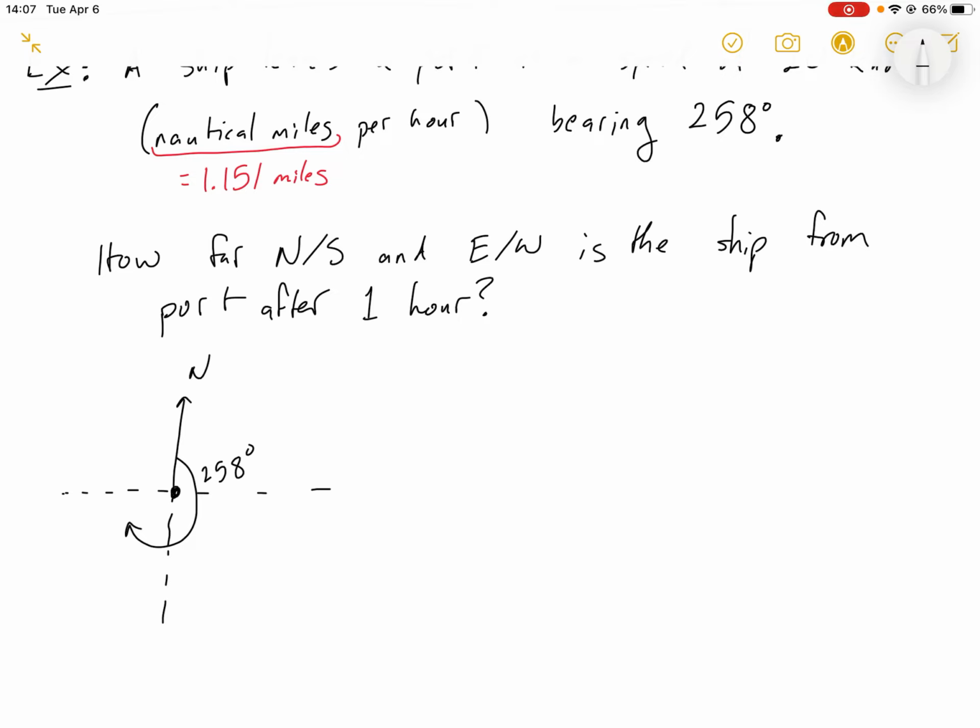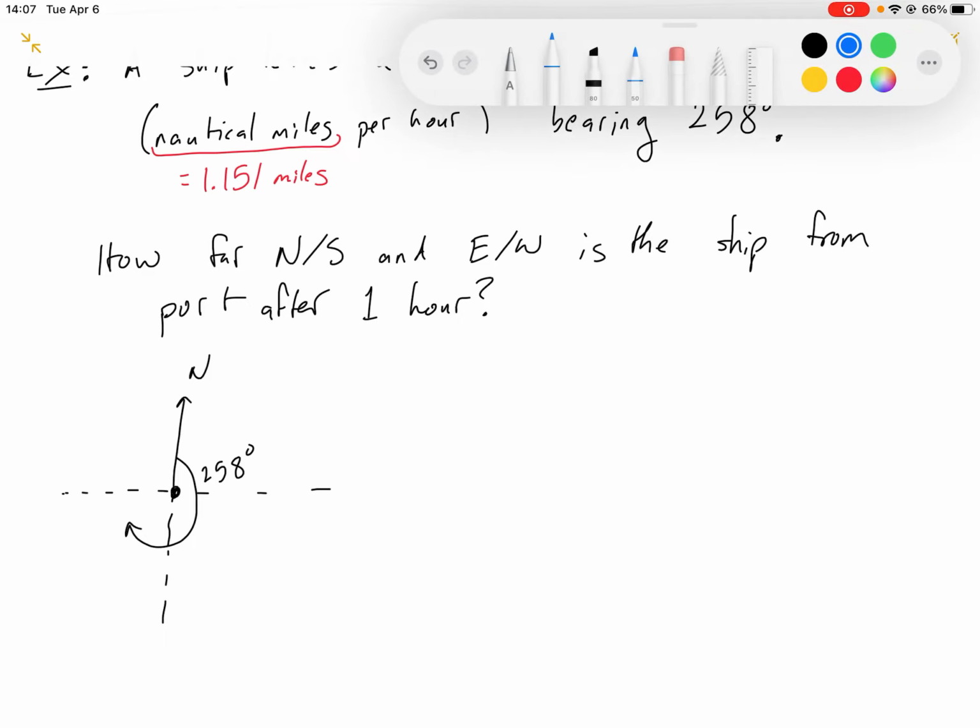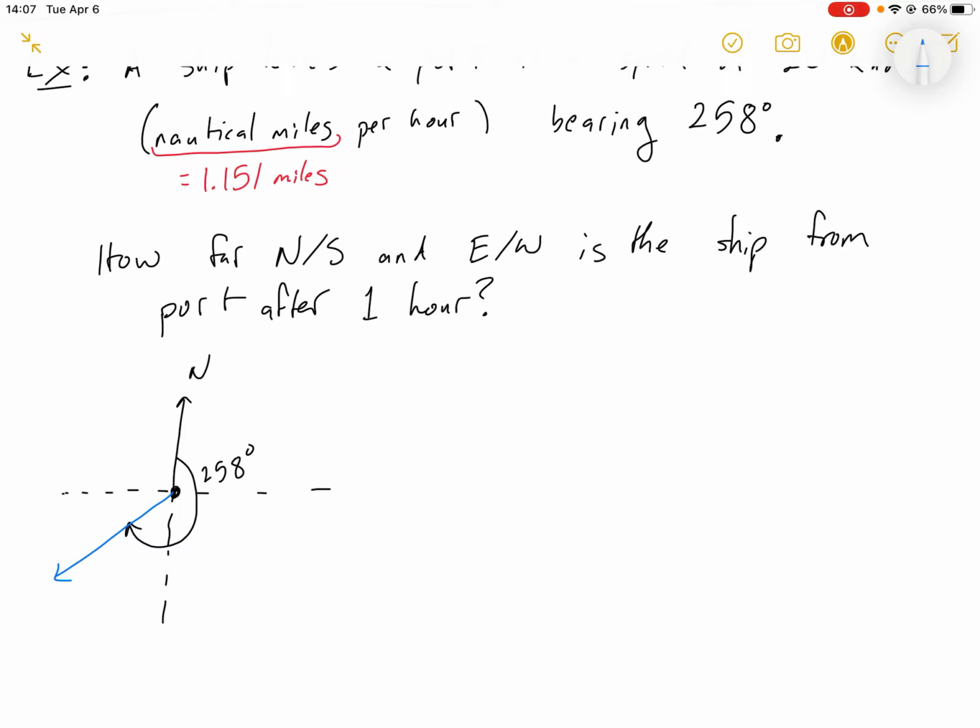So we're heading sort of in a southwestern direction, and after 1 hour, the ship is actually 20 nautical miles away. So here's the diagram. It's gone 20 nautical miles in a straight line, bearing 258 degrees from port. Our question, though, is how far, so it looks like it's going south, and also how far west have we gone?